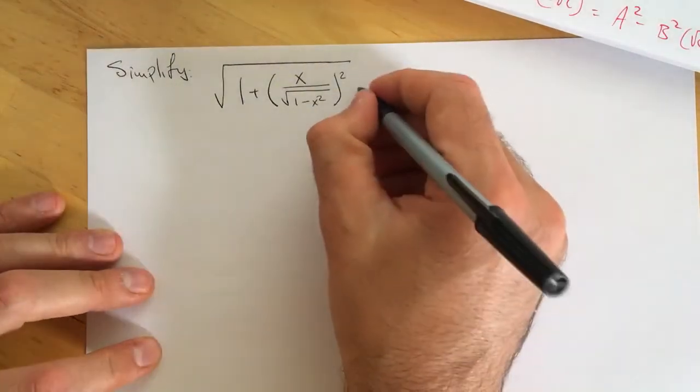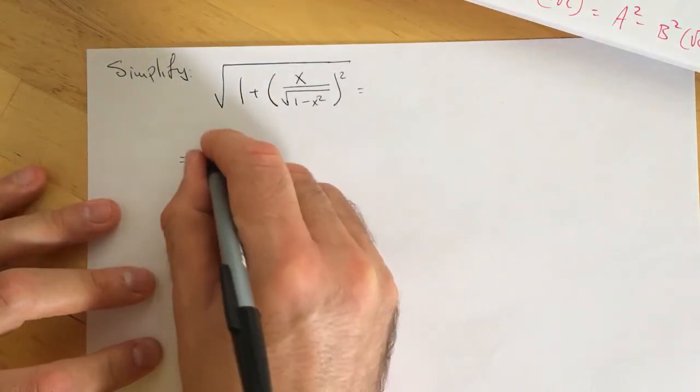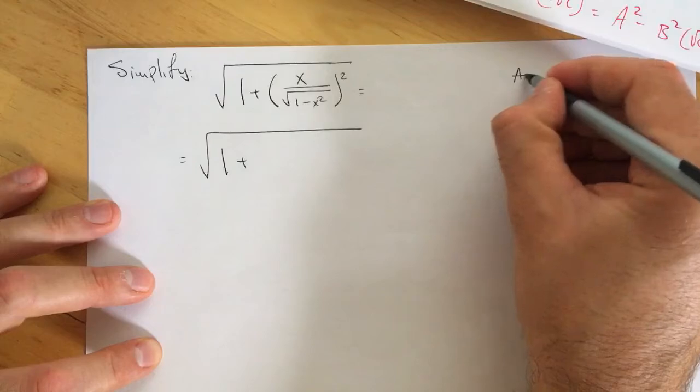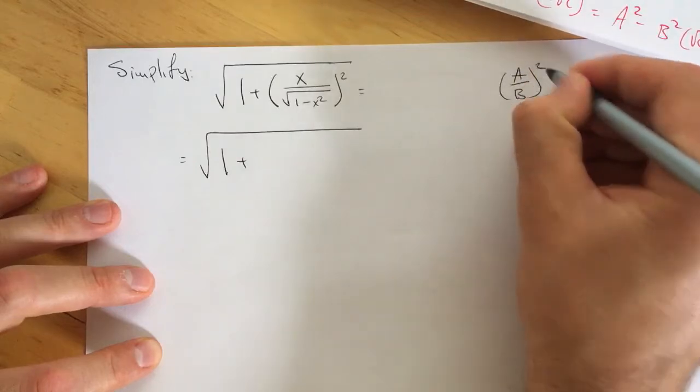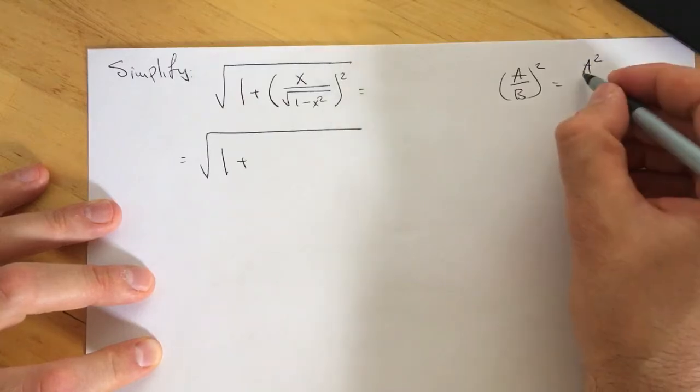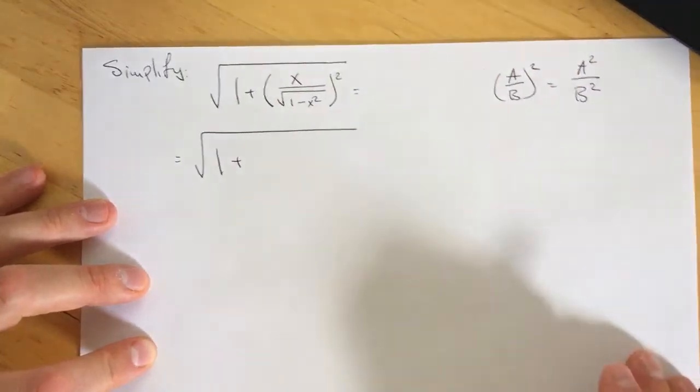Okay? So this is the square root of 1 plus, when you have a over b squared, that's equal to a squared over b squared.